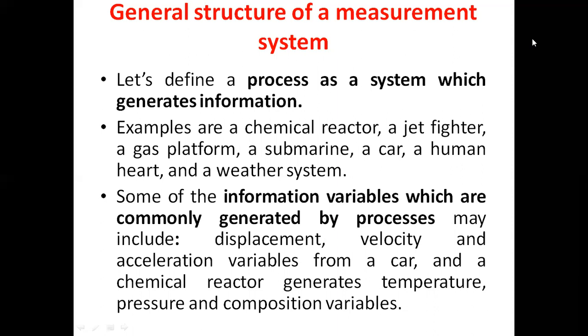Or it could be our process is a vehicle, and so we want to know how far it has traveled, the displacement, or the speed at which it is moving, the velocity, or the acceleration. So those, we call them information variables.